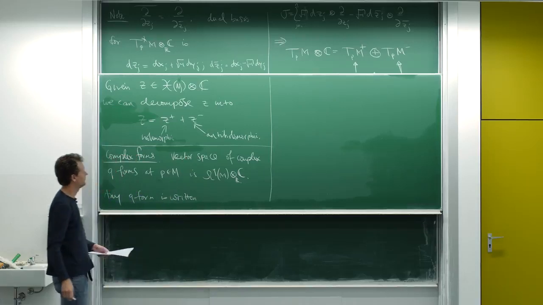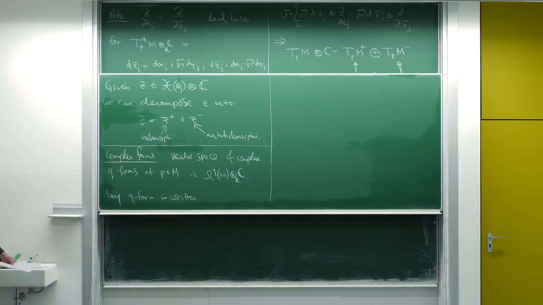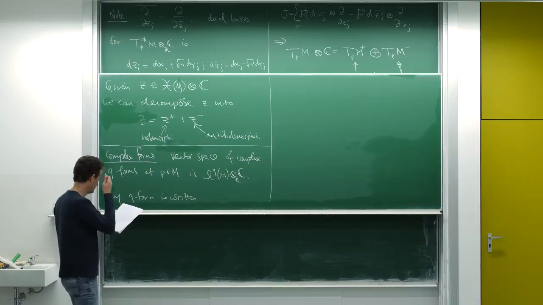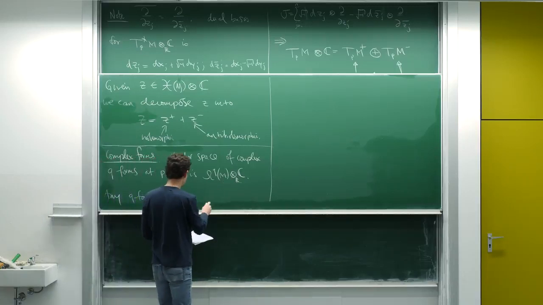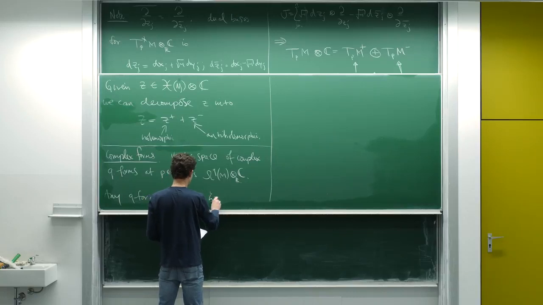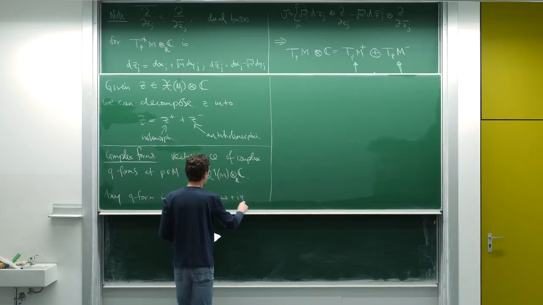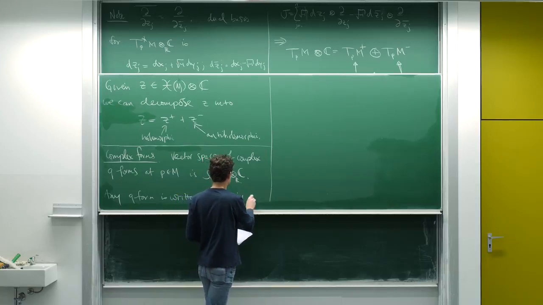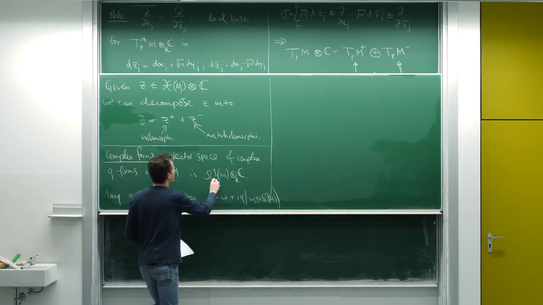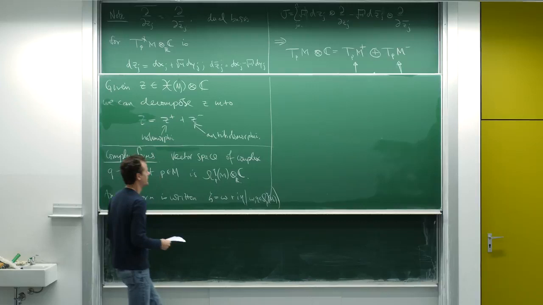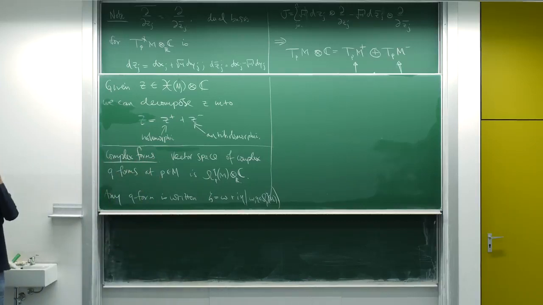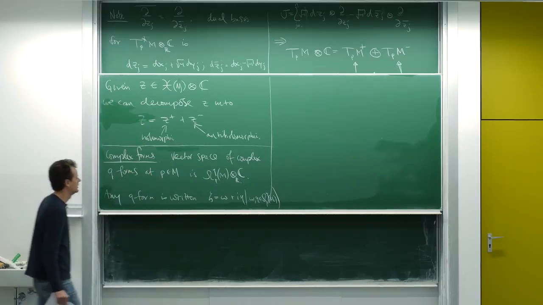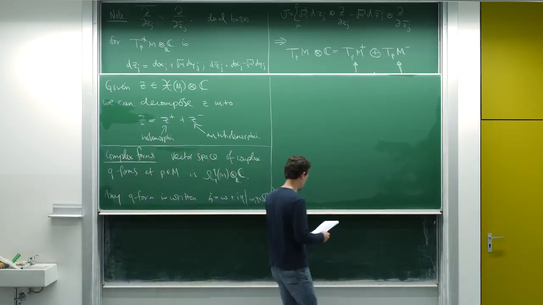So you have a complex Q form, and you can write it in terms of real and imaginary parts. That's what complexification means. There should be a P here; we're doing things at P. So you can always write a complex Q form as a linear combination of real and imaginary Q forms.